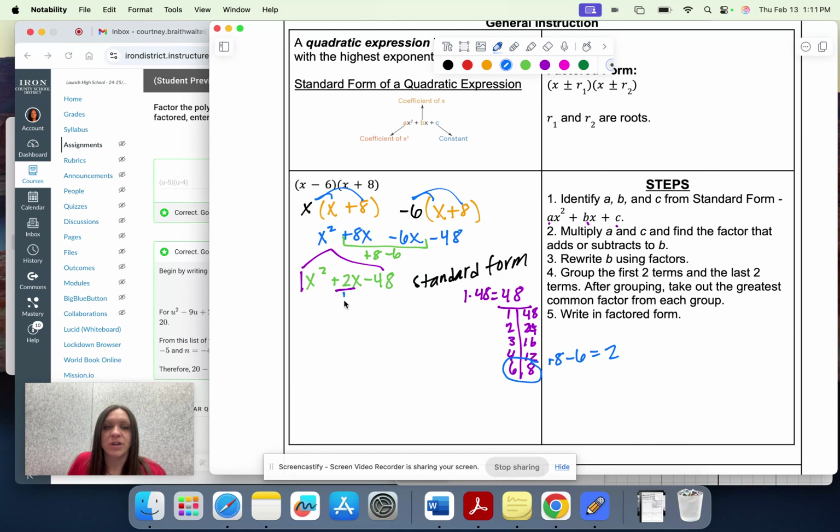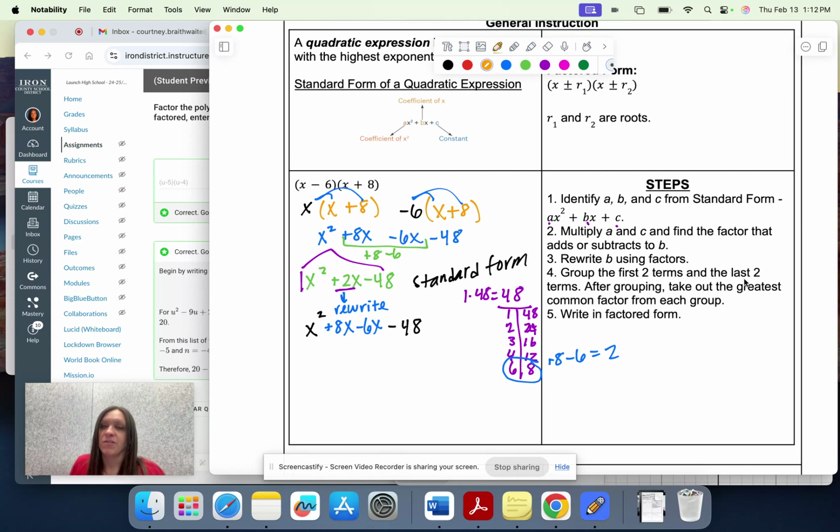So I'm going to rewrite B. That's step 3. So instead of 2x, I'm going to write it as positive 8x minus 6x. And then x squared and negative 48 just come down. So all I did was I rewrote that middle term.